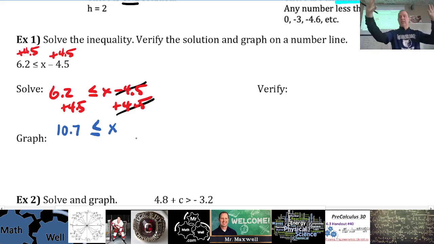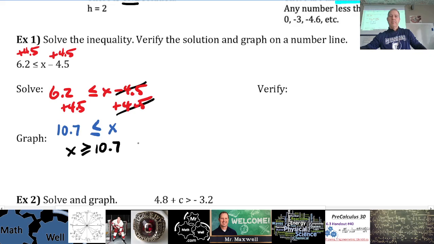Now, this is where it gets a little bit tricky, but if you want to switch it around so the variable is on the other side, then you just have to change the sign around if you flip everything. So this is the same as x is greater than or equal to 10.7. Okay?